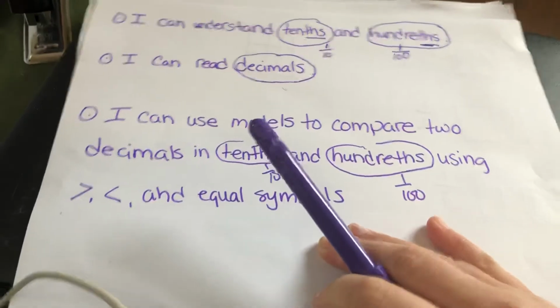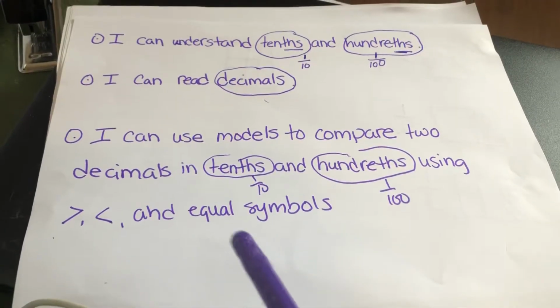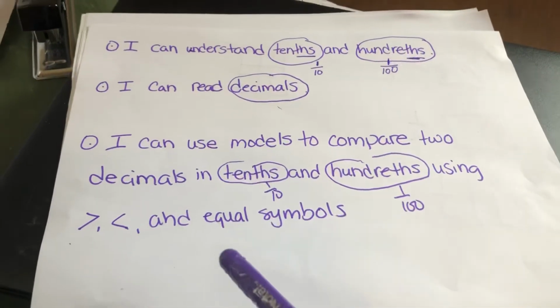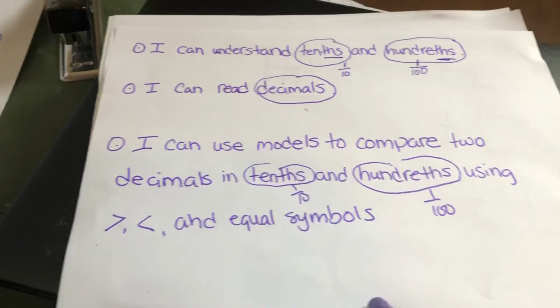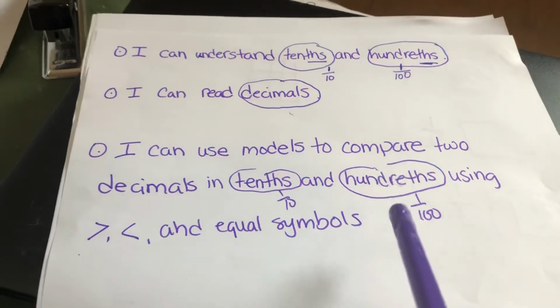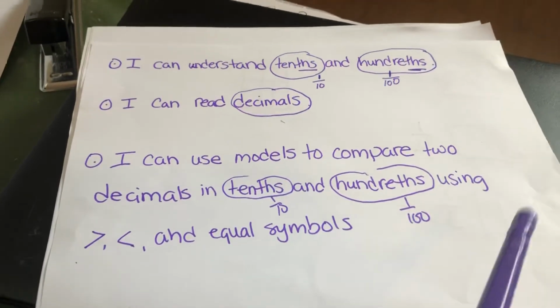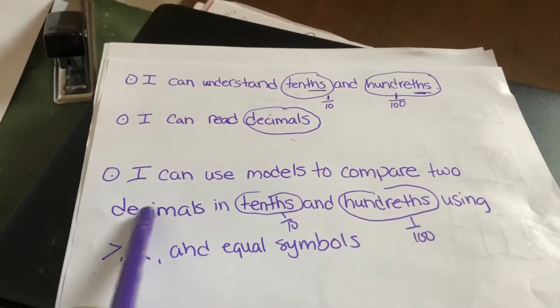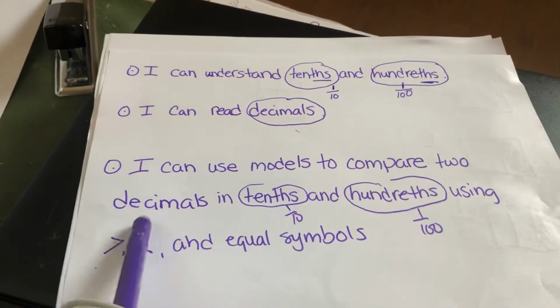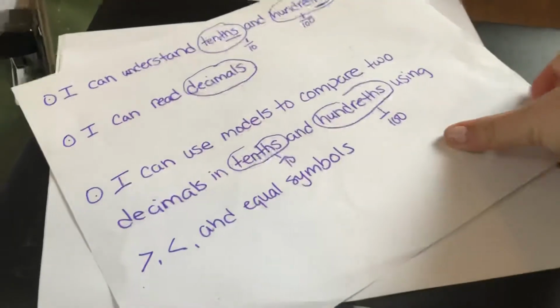We've already done this in fractions. We have figured out which fraction was more, which fraction was smaller, if they were equal. We're doing the same thing we've already done, except instead of calling it fractions, we're calling it decimals. So that's what we're doing today.